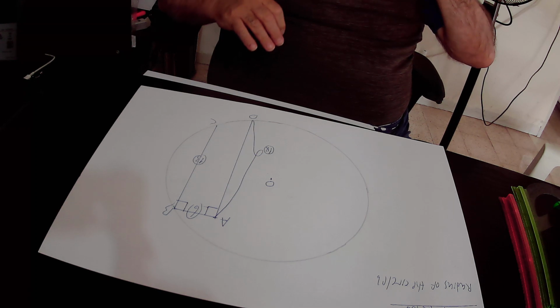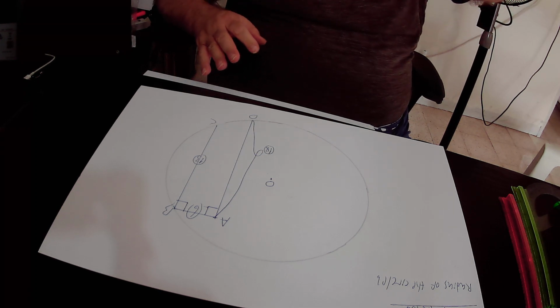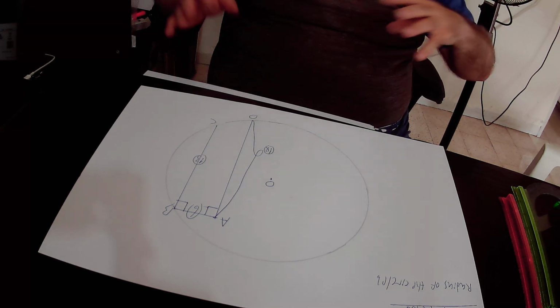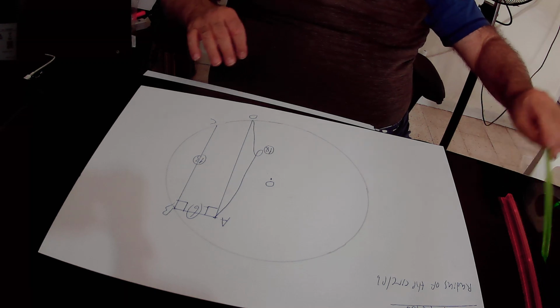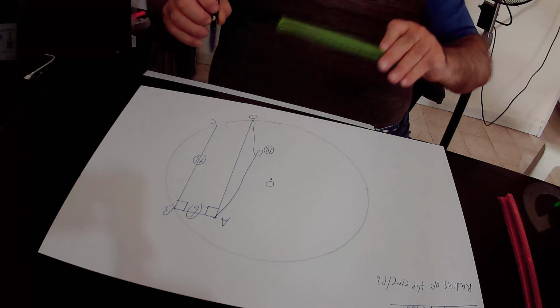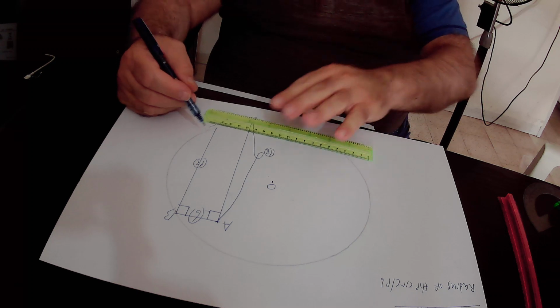So in the second method, in the first place, we will do all the things that we have already done in the first method. That is to say, from point C we will draw a perpendicular on AD.